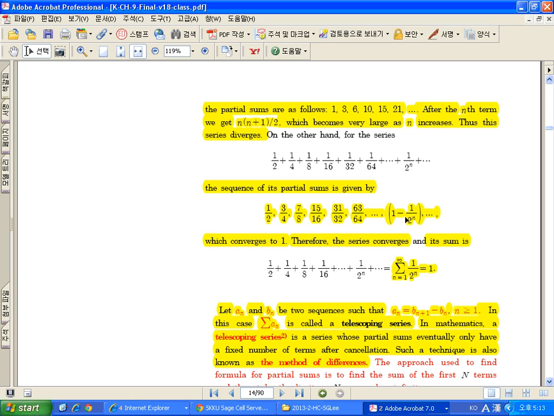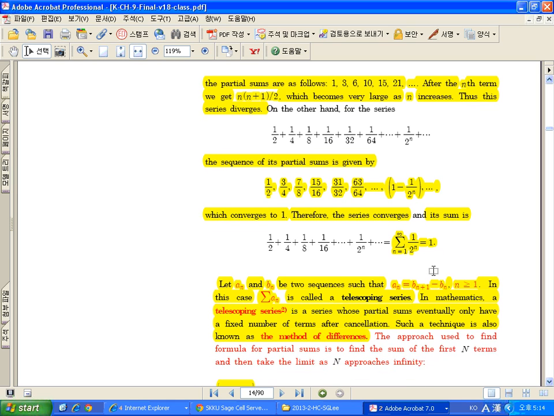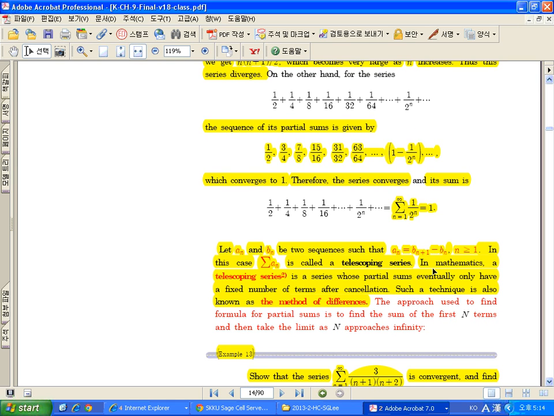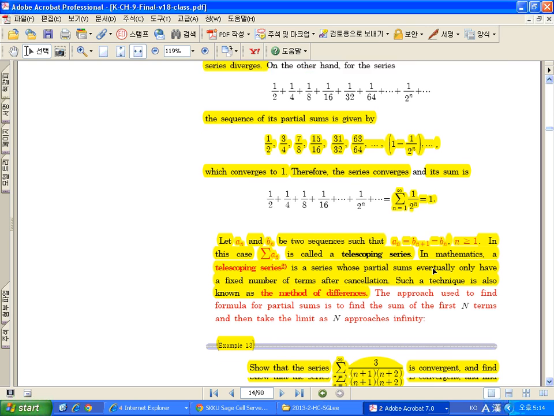Then it converges to 1, because this goes to 0. So the series converges, and its sum is eventually 1. So there is a diversity of series.